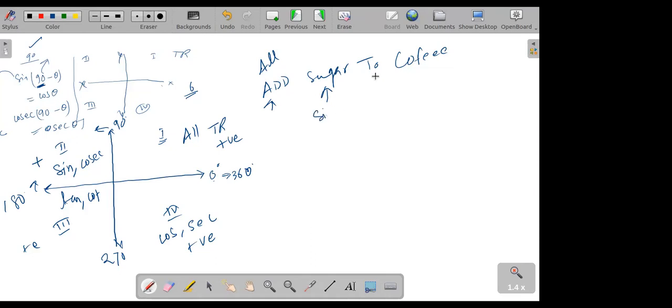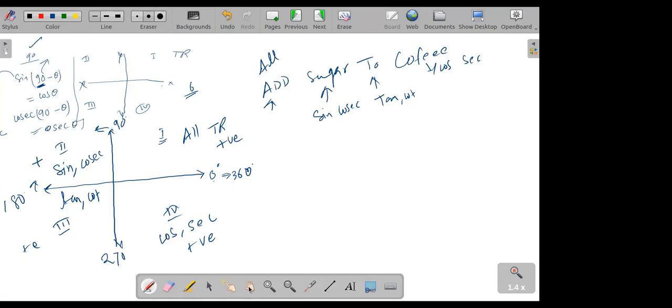T is for the third quadrant, tan and cot. And C is for the last quadrant, cos and sec. This way we can remember easily.